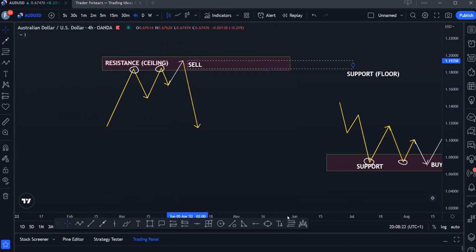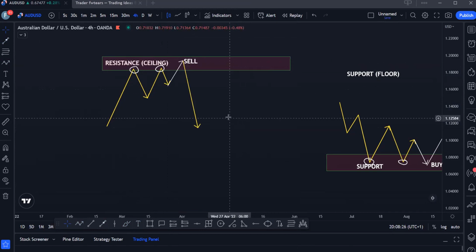Again, resistance and support is not an entry strategy. It just gives you an idea of the zone where you should be buying and selling. You still need additional confirmation, confluence, to get you into the trade at a very, very good price. All right. So let's look at the markets and we'll spot support and resistance real quick.